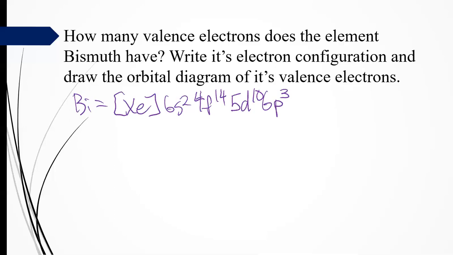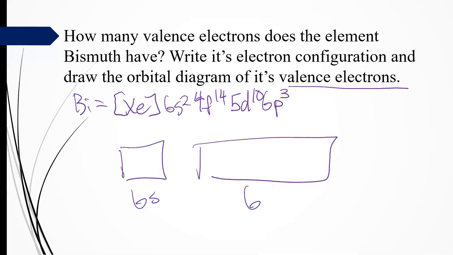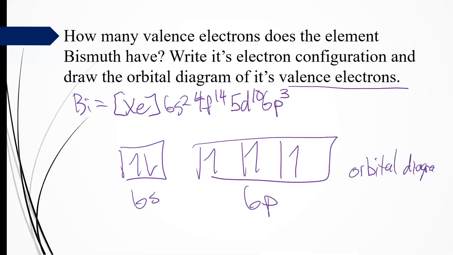And our orbital diagram for our valence electrons should only be our 6s and 6p, since those are the only ones that are valence electrons. We don't necessarily want to include our 4f or our 5d because those are not considered valence electrons.